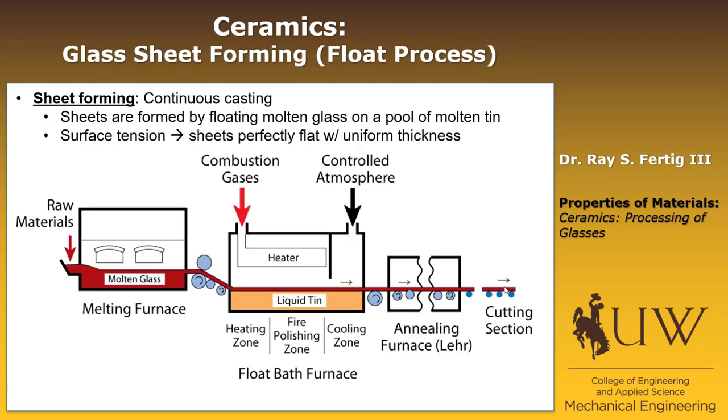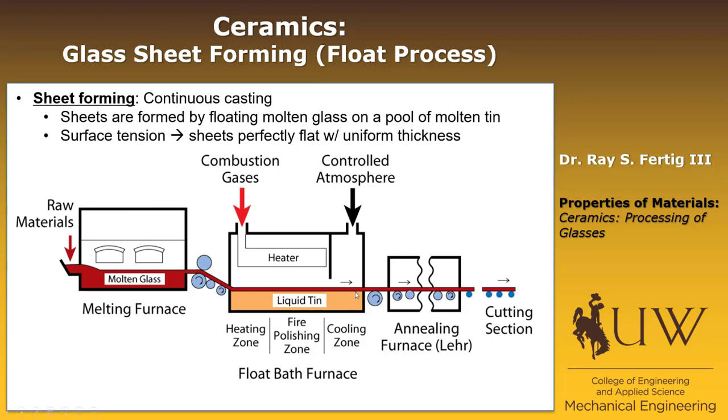Okay, the final forming process that's important to glasses is sheets. So how do we make things like windows? And sheet forming is basically a form of continuous casting. In this case, we put the glass in, heat it up, get it molten, and then it floats on a bed of liquid tin.